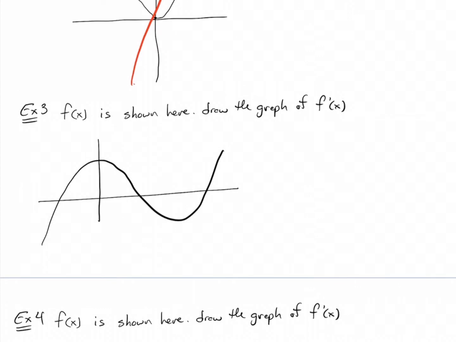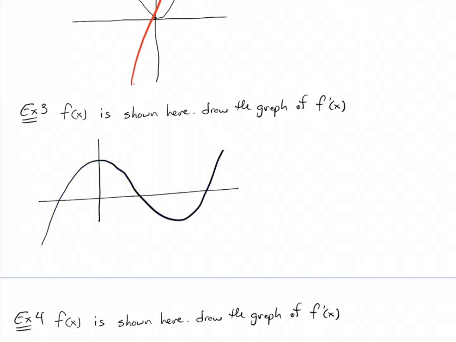All right, so what if we're just given a graph like this and we're told to draw the derivative? Well, let's look at it for a second. Any place where we're going uphill on the original function, the derivative is positive. So the derivative is going to be positive here and here. Derivative will be negative when we're going downhill.